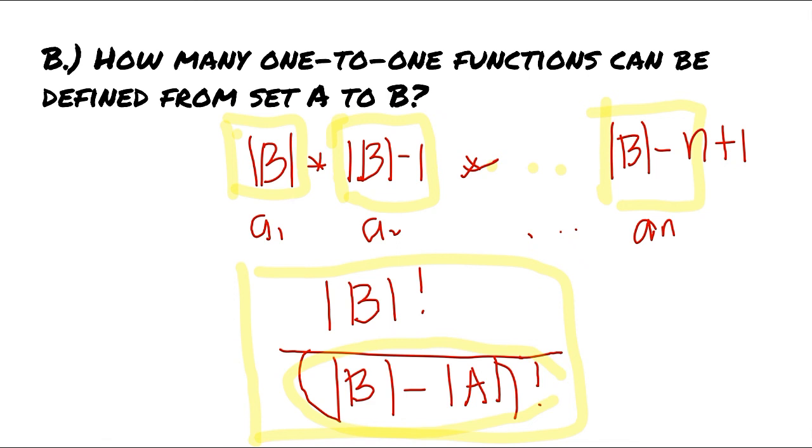So the denominator will be limited by the cardinality of a being less than or equal to the cardinality of b, so b minus a could be 0.